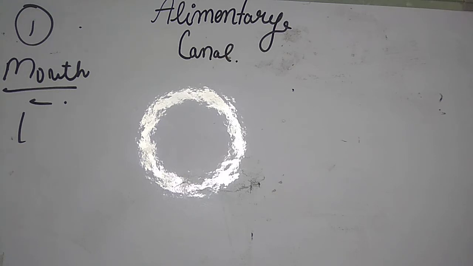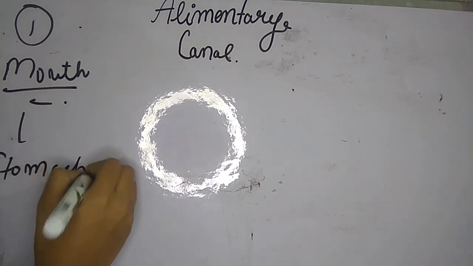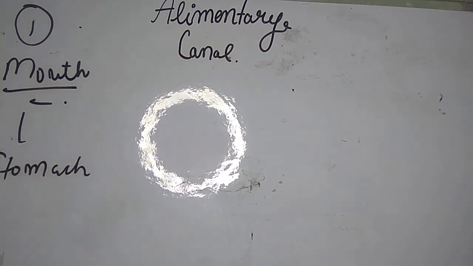Now stomach is the important part. Stomach is the J-shaped organ in the alimentary canal situated between the esophagus and small intestine. Stomach has an acid known as hydrochloric acid, or HCl, and the pH of that acid is around 2. So it is highly acidic.